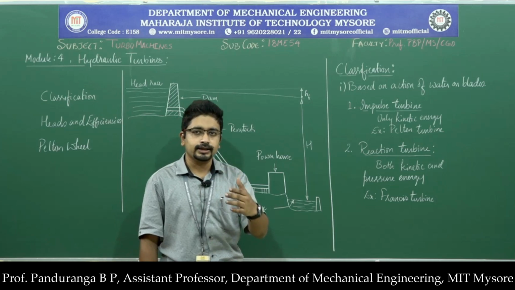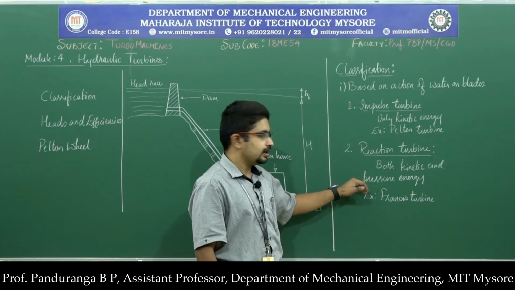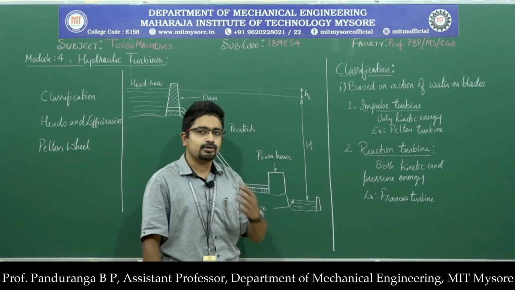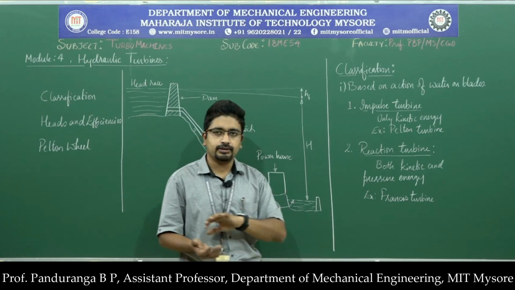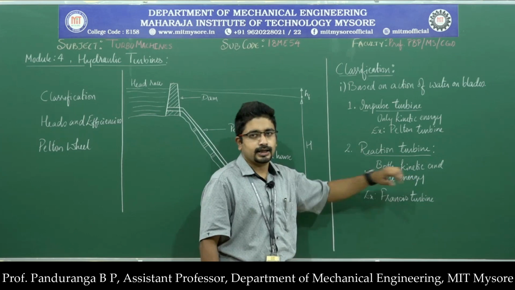If it is very close to 1, it means that a larger amount of energy being converted is pressure energy. If it is close to 0, then a large amount of energy being converted from fluid energy to mechanical energy will be in the form of kinetic energy.